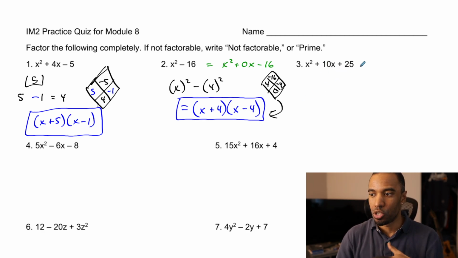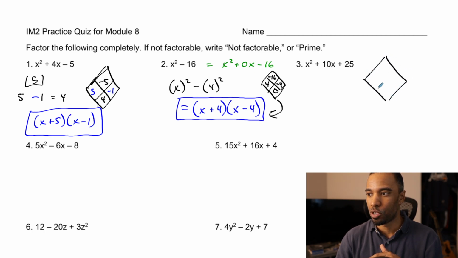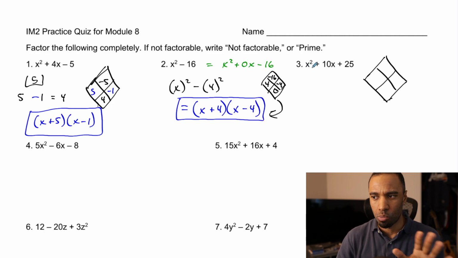Lastly, same thing here. You could go into the diamond here, but before I actually do this diamond, if you can recognize this is a perfect square trinomial off the bat, go with it. Sometimes, I know a lot of my perfect square trinomials, so I just know this is.